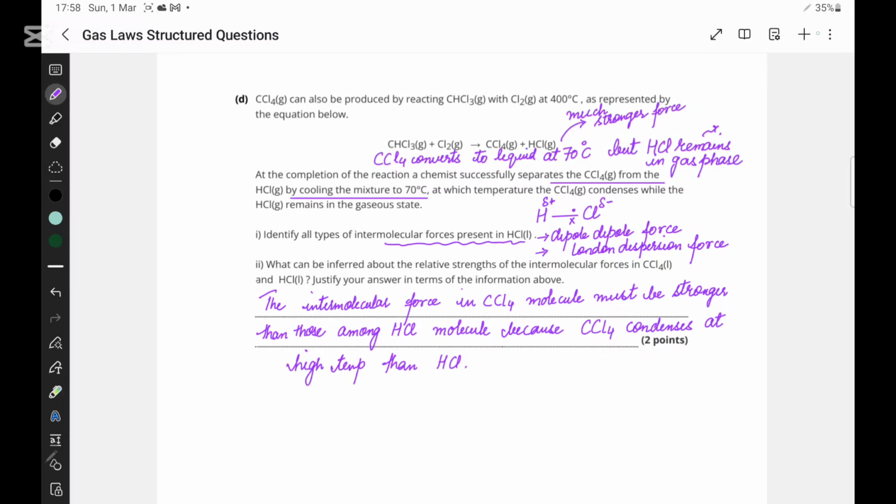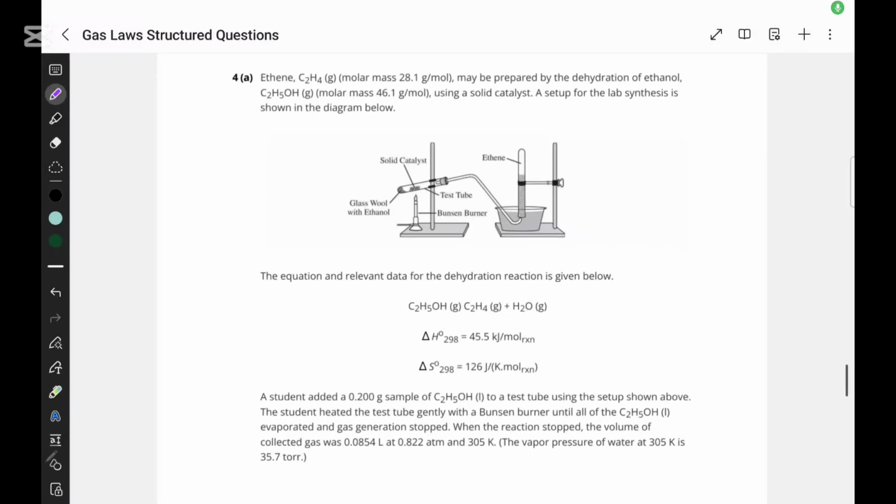The question says ethene, which has a molar mass of 28.1, may be prepared by dehydration of ethanol. So this is ethanol, and dehydration means removal of water. So removal of water has been done from ethanol and it is going to form ethene and water vapors.